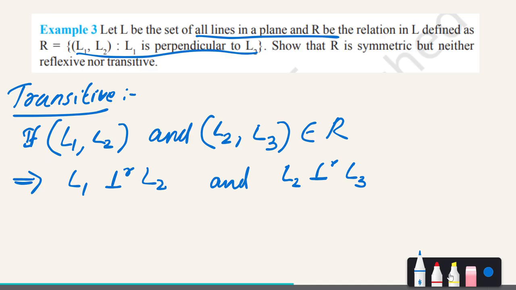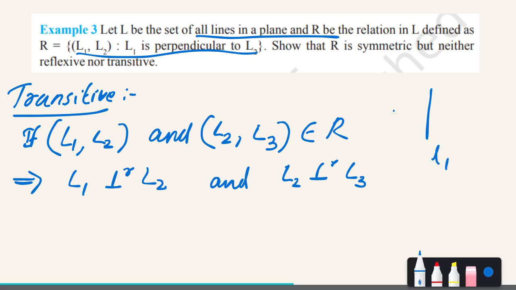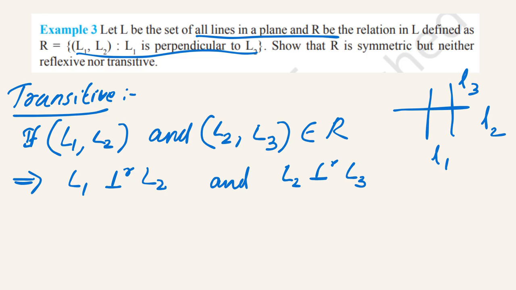So here we can check with some lines. The line L1 is perpendicular to the line L2, and the line L2 is perpendicular to L3. So does it mean that L1 is perpendicular to L3?